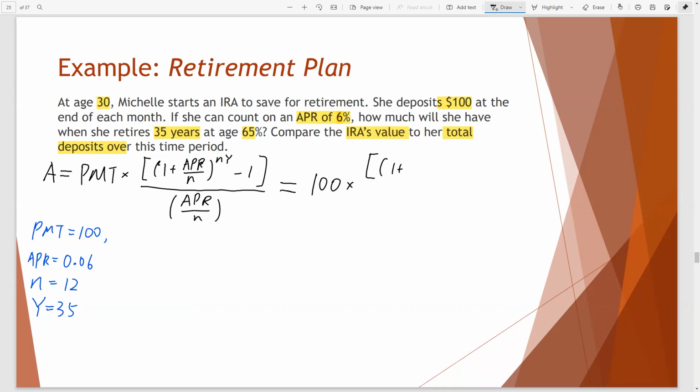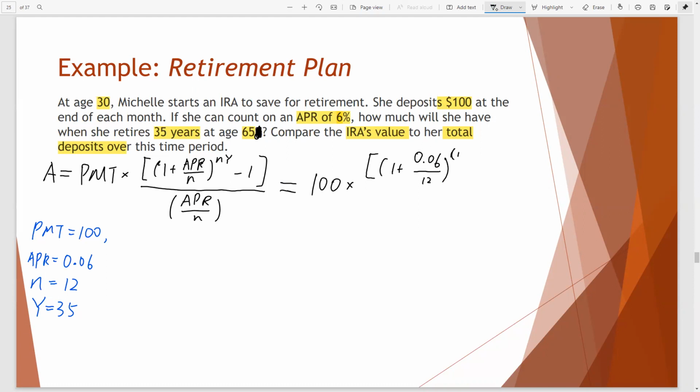It's 1 plus 6%. Let me draw it. That's a typo, that's not 65%, so exclude that. 12 payments every year, 12 deposits.